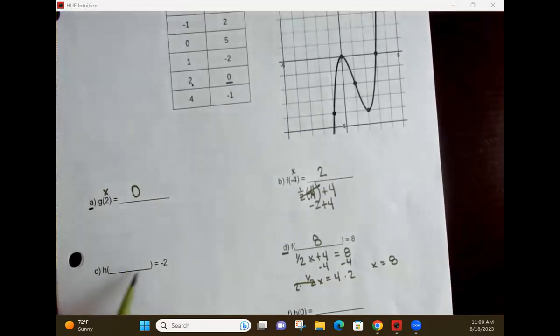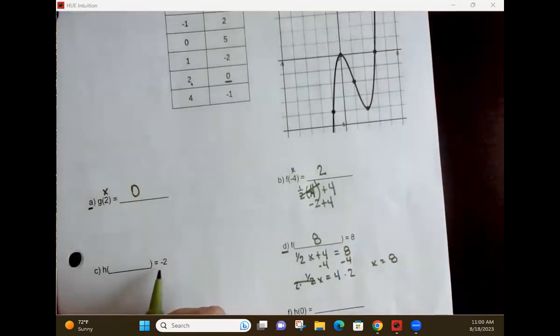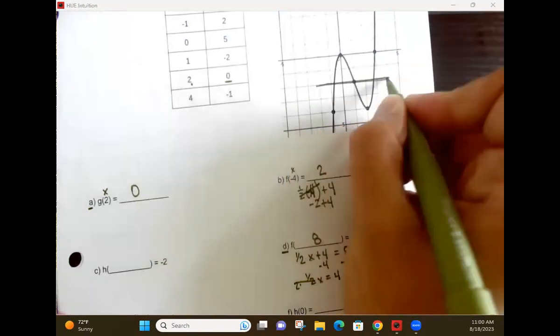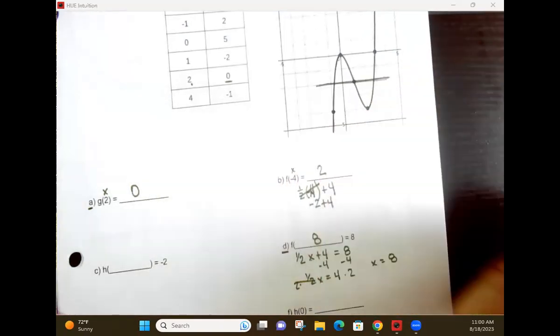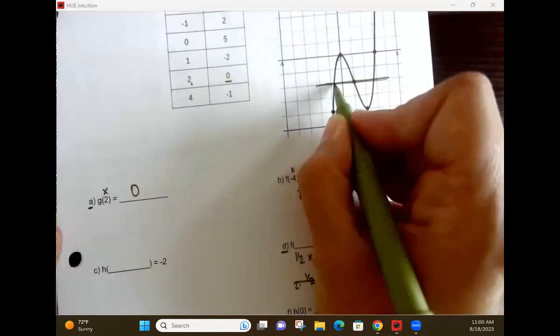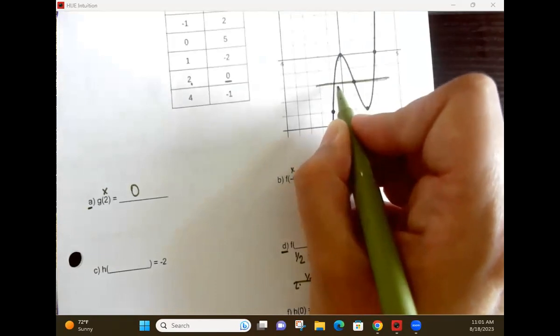For C, h of what equals -2? h is our graph. -2 would be our output, our y value. This time I've got 1, 2, 3 different inputs that could have matched that output. For some of them, we've got to estimate here. That's okay. So this guy, I'm going to say negative maybe 0.75-ish.